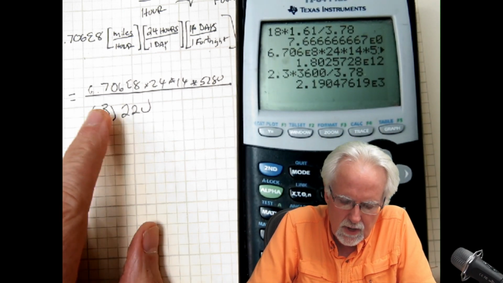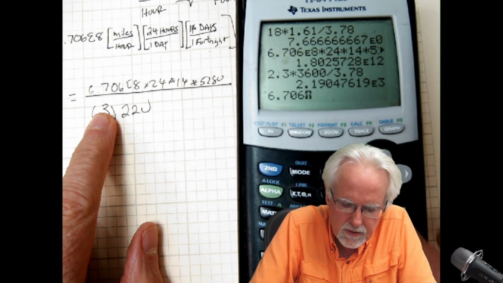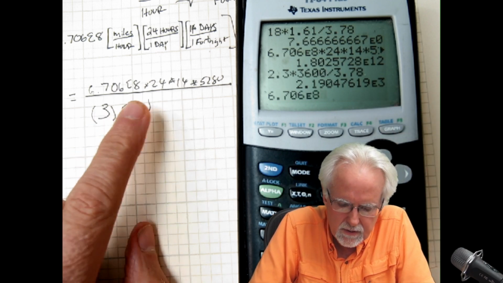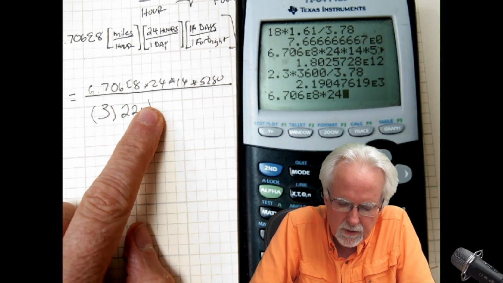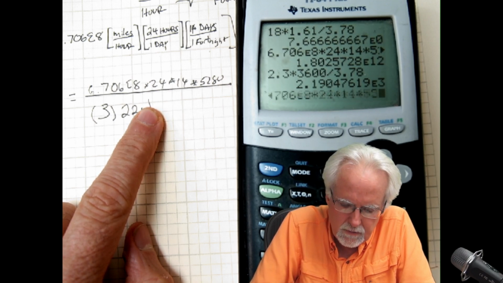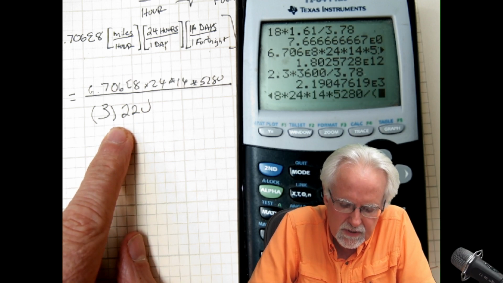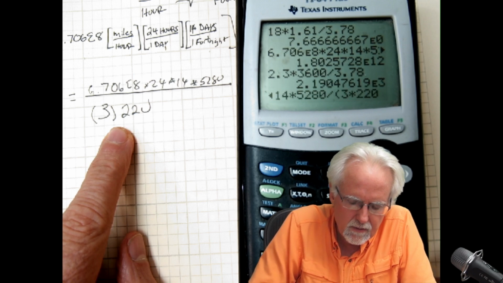All right, so I have 6.706 e to the 8 times 24 times 14 times 5280 divided by, open parentheses, 3 times 220, right?